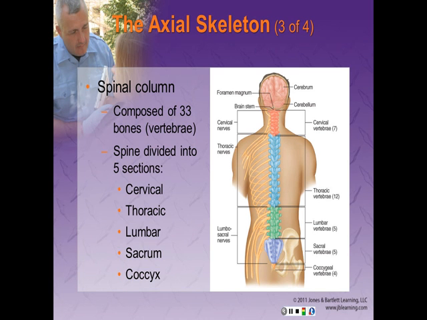And then the sacrum is the back wall of the pelvis, and that's 5 vertebrae, S1 through S5. And these are more fused together, as you can see in the picture. They're not really independent vertebrae like you see in the other sections. And then the coccyx or tailbone, which is 4 fused vertebrae down at the very bottom, right here.